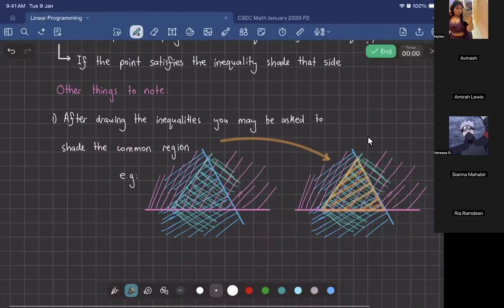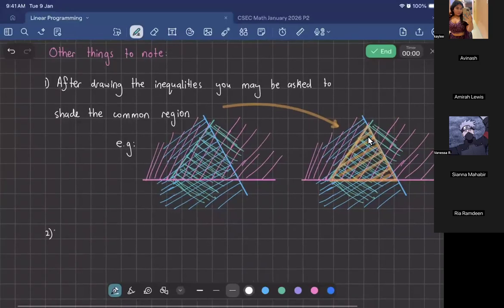Right. So that's another thing to note. The second thing that you should note: you will see words like least, most, minimum, and even maximum.